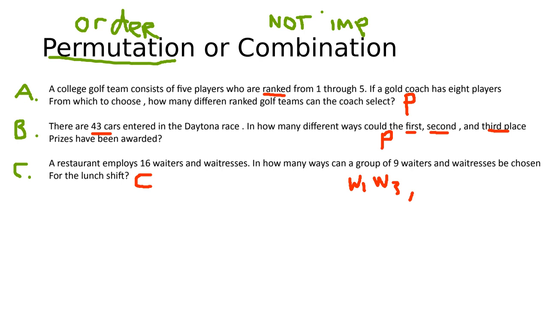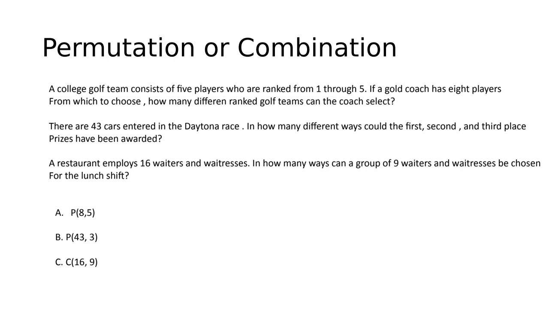So here I set these up for us already. For the first one, the first number, 8, remember this is n, that's how many total objects you have. Here it tells us that we have 8 players, so that's why we use 8.